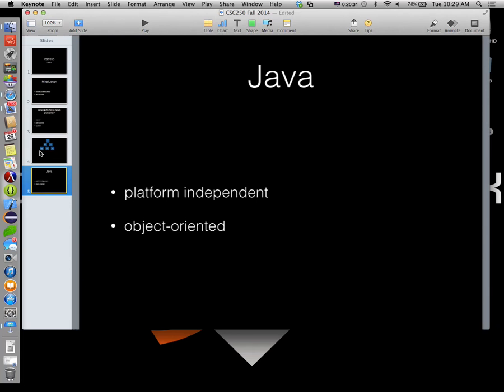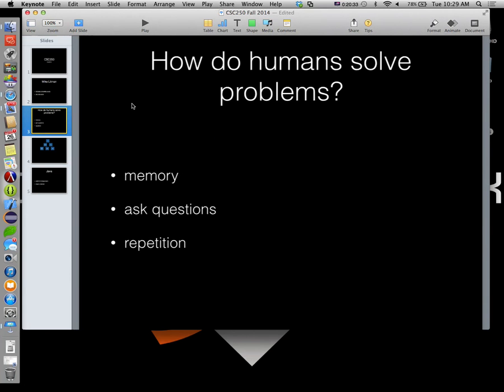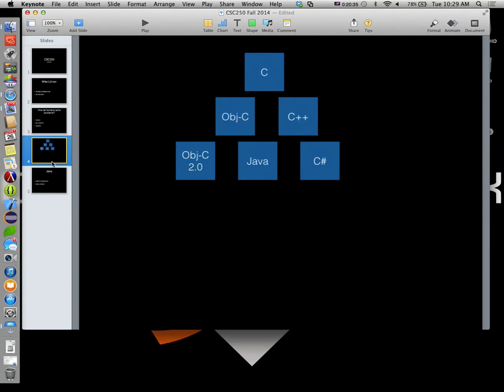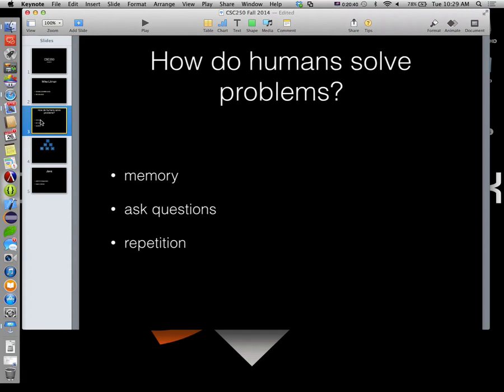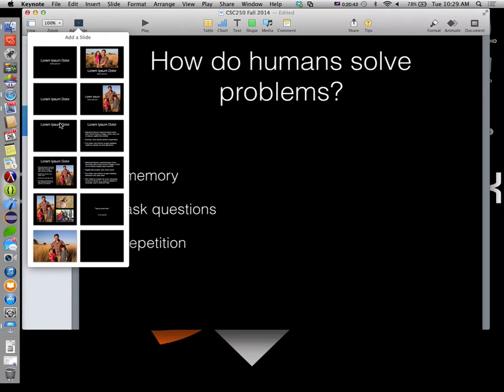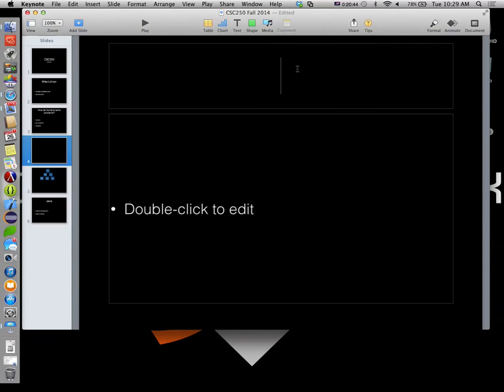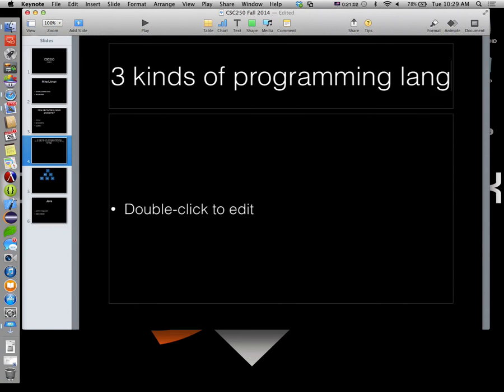So just quickly, let me pause there and go back to, let me go right after this slide. Just as another quick reminder, remember all those slides from last semester? You know, there are 3 kinds of programming languages, there are 2 kinds of programming languages, blah, blah, blah. So we have 3 kinds of programming languages.